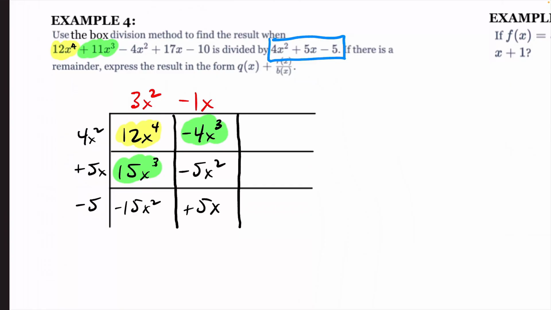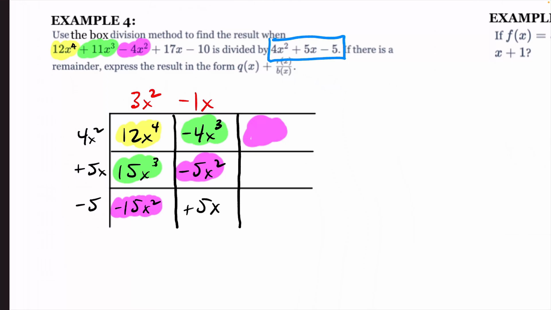Okay, next one. This is where it's going to get a little bit different. You notice how the next one's x squared, right? Well, I have 2 x squareds here, negative 15 and negative 5, and I'm also going to have a third one over here. So there's actually 3 numbers that are going to be added together, not just 2 this time.